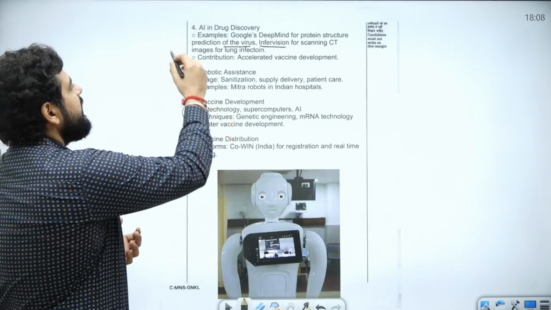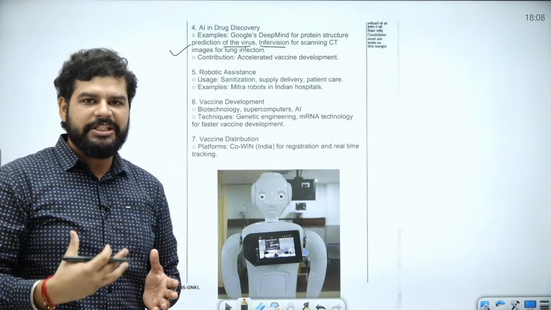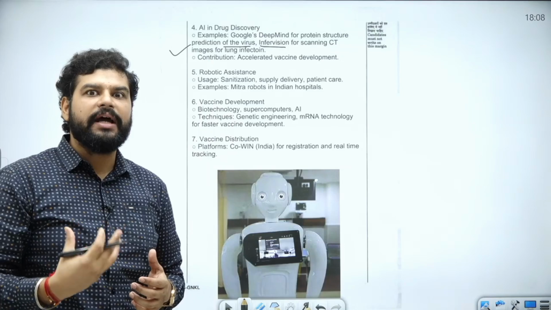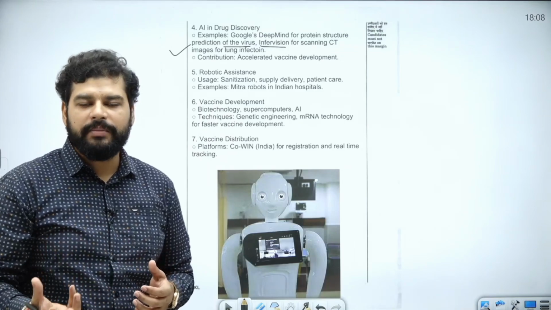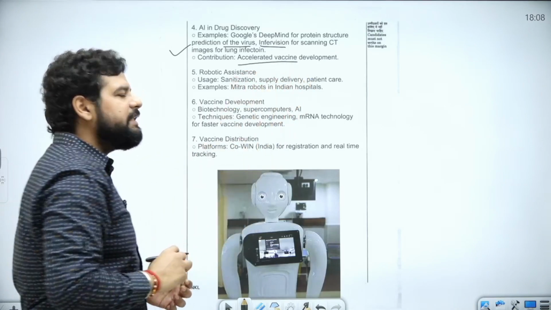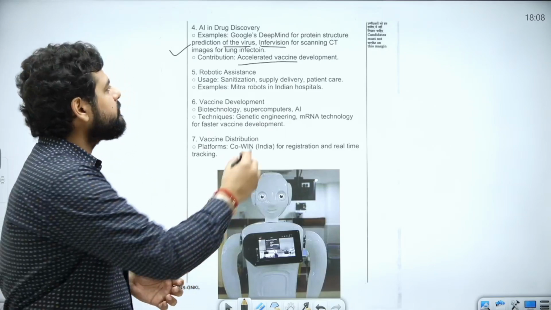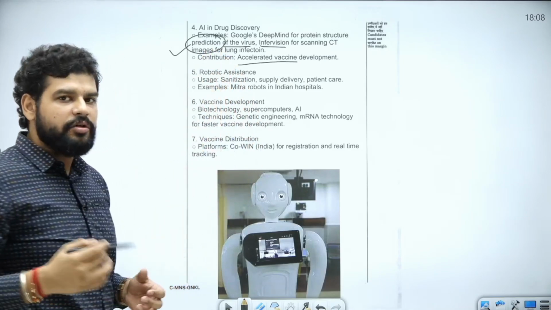So basically AI was used to scan a lot of medical images, and then they tried to diagnose who might or might not be infected. Vaccine development was also accelerated because AI was used to predict the structure of the virus.